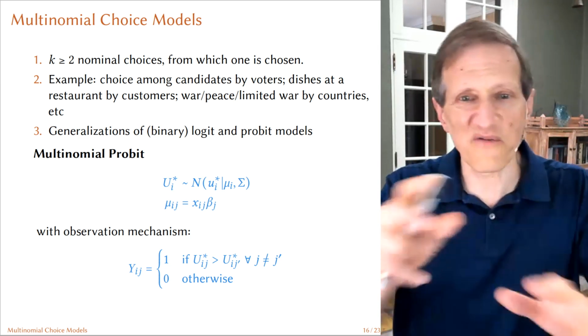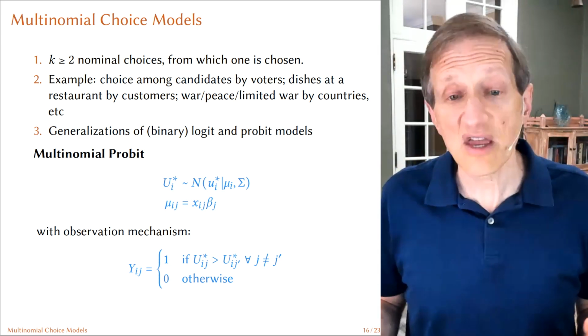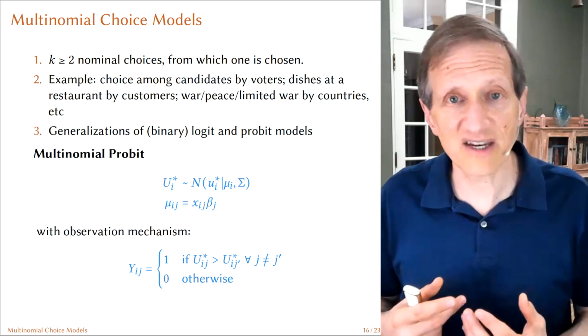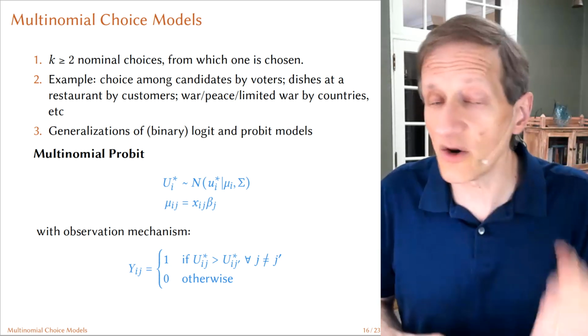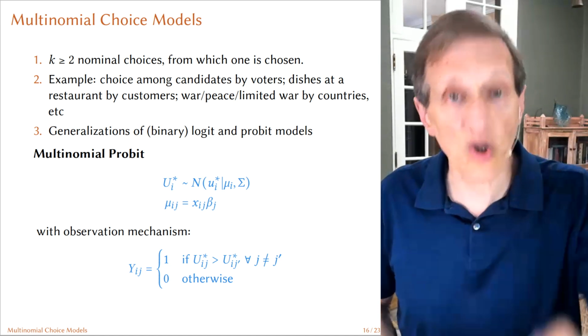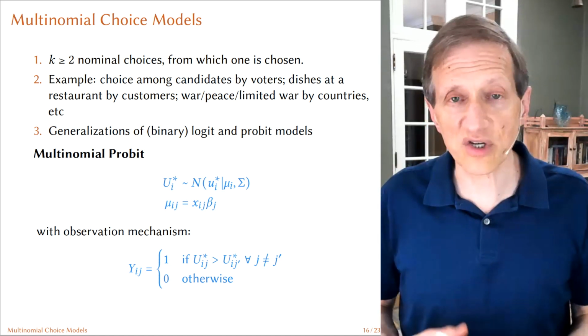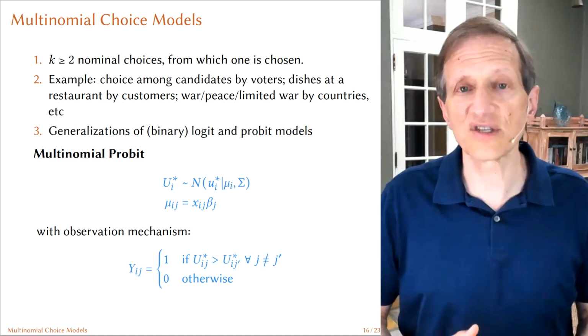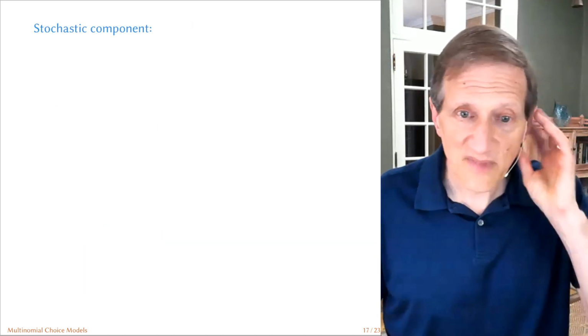And so that's what this notation does. It just says the observation mechanism is that although we don't see the utilities, we do see the choice of a candidate, and we make the assumption that people choose candidates that maximize their utility.